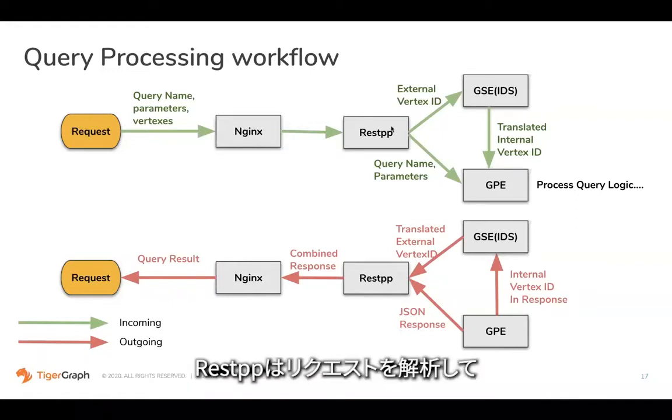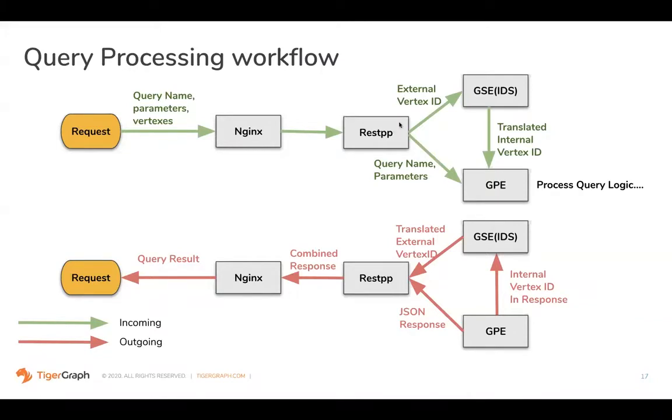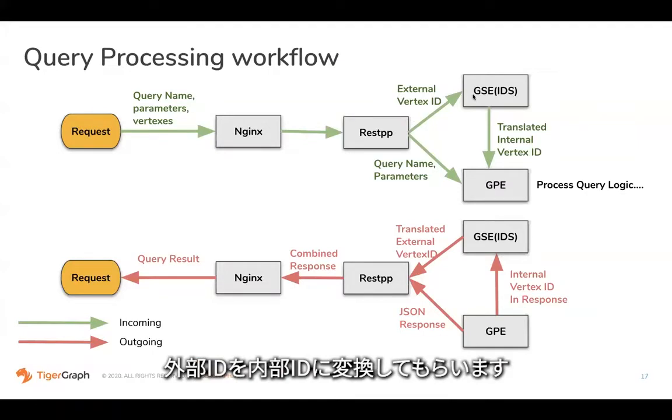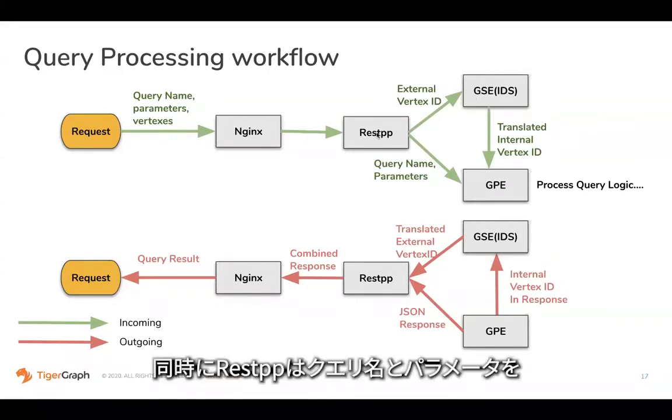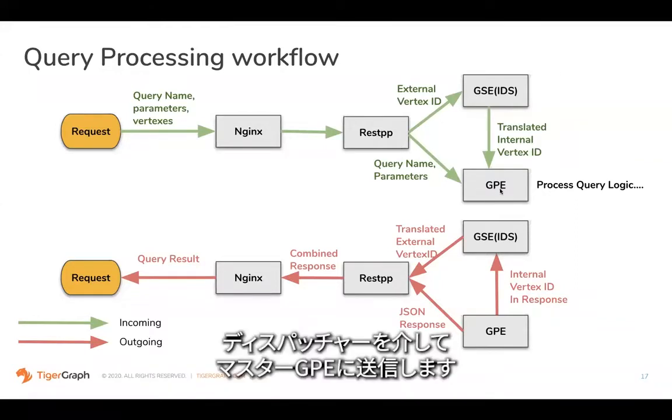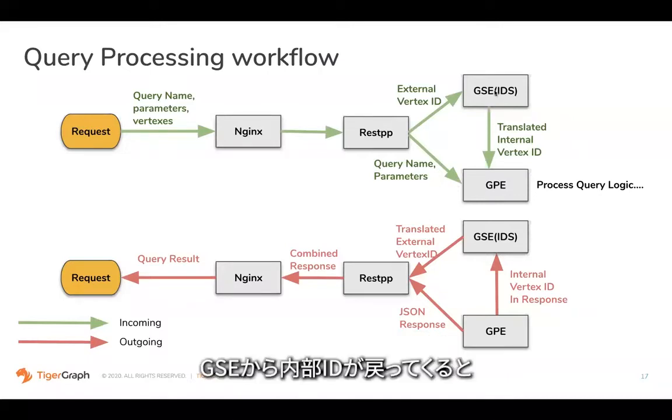RESTPP parses the request, and the first action is to send the request to GSC to translate the external ID into the internal ID. At the same time, RESTPP will send through the dispatcher to the master GP the query name and other parameters. And after GSC returns the internal ID, the processing moves to GP.